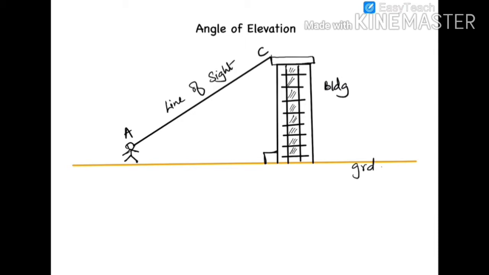We can draw another line from the eye of the observer which is horizontal and parallel to the ground. We will mark this line as AB. So this angle that is made between the line of sight and the horizontal level of the eye is called the angle of elevation.